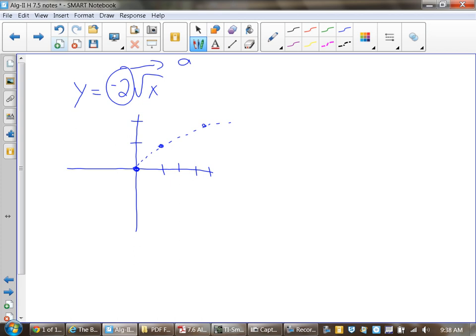What's 0 times negative 2? 0. So it stays here. When it's at 1, square root of 1 is? 1 times negative 2 is? What's down here? When it's at 4, what's the square root of 4? 2. What's 2 times negative 2? So what we've done is we've transformed that graph.